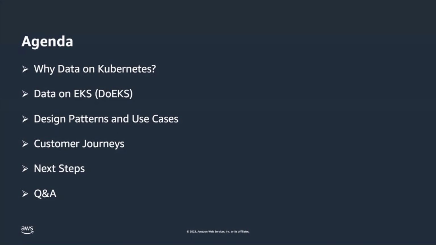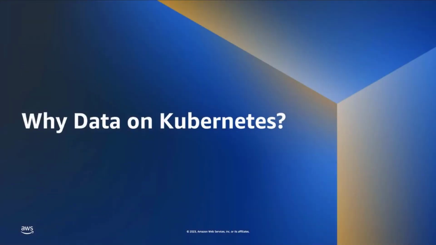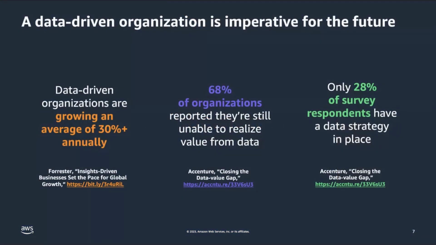All right. So to get started, why data on EKS? Or data on Kubernetes, for instance. Let's start by looking at where we've come in terms of data volume at this current state, but we'll talk a little bit about the growth in the previous few years and even the last decade.